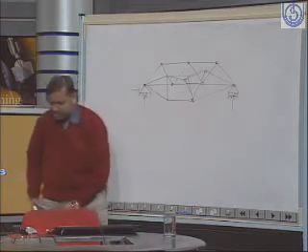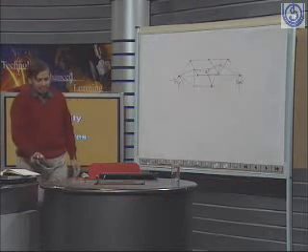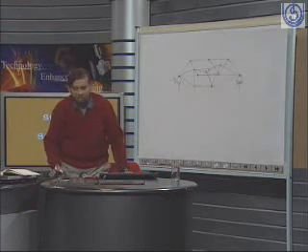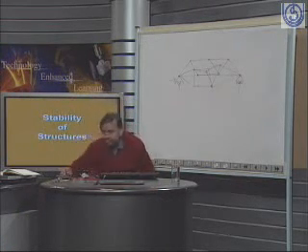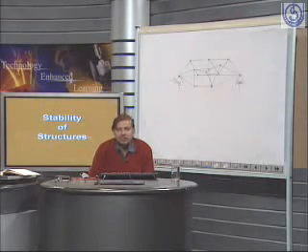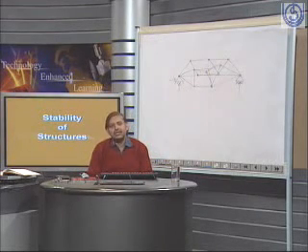So friends, today we have talked about the stability of a structure, its external stability and instability. We have seen what are the necessary conditions for external stability, and then we have introduced you to the internal stability and instability also.